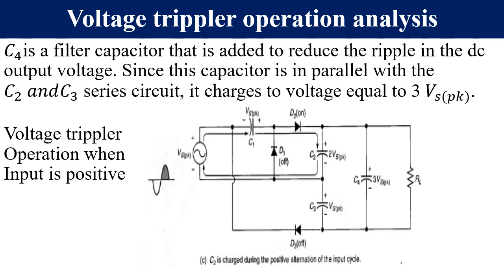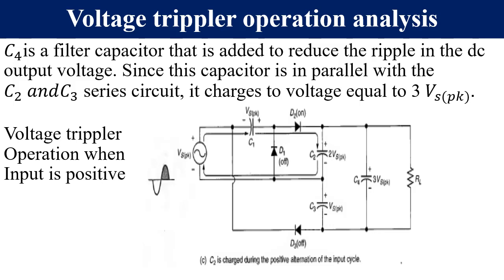I think that slide was explained when it was stated that for a positive input, D2 is forward biased and it is going to charge capacitor C2 to 2 times peak supply voltage. C4 is simply a filter capacitor that is needed to reduce some ripples.